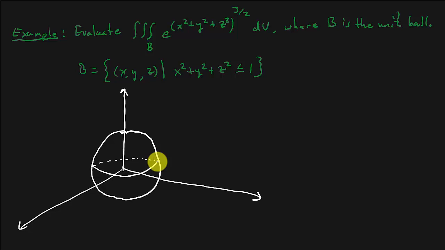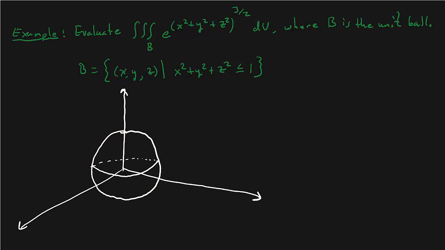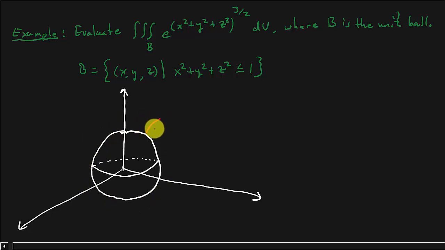This is a sphere right here, and keep in mind this is the square root of 1 minus x squared minus y squared. See, we've got our sphere right here.